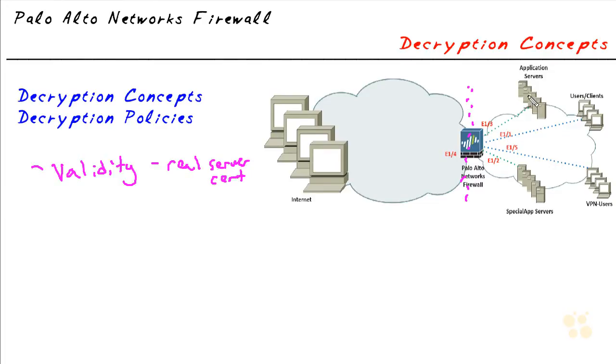So it'll mimic whatever validity is sent from here, or if the server's out here, whichever direction it is. It'll take that into account. The issuing authority is actually going to be the firewall's generated certificate, the firewall itself.